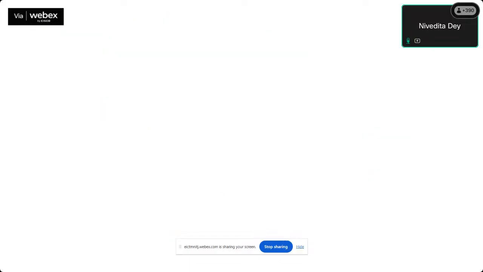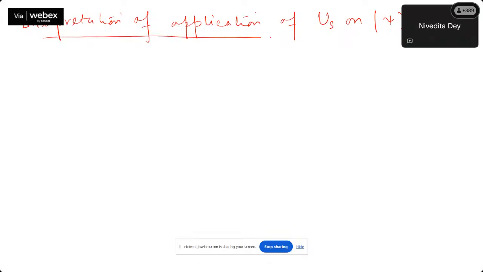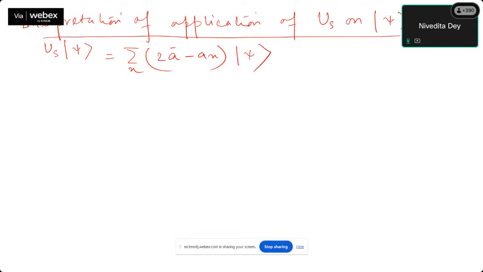Now we will look into the interpretation of the application of our US on psi. US on psi was sigma x (2A bar minus ax) times ket x.